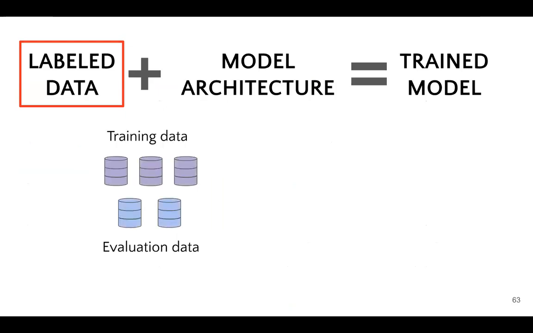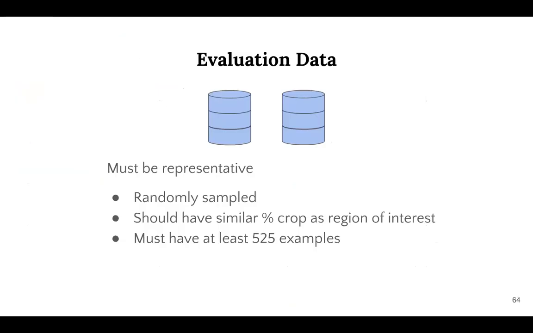For model training, for machine learning, you need to split your labeled data into training data and evaluation data. So we'll talk about that briefly. Evaluation data has a key condition, and that is that it must be representative. Evaluation data is what you use to figure out if your model is doing a good job or bad job.